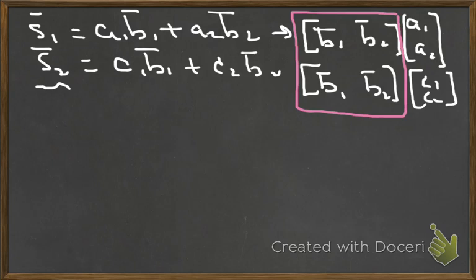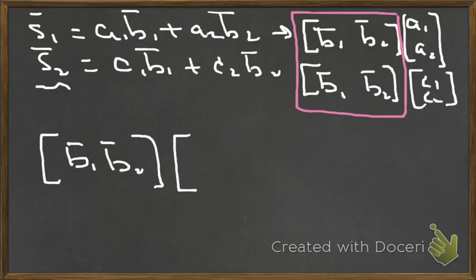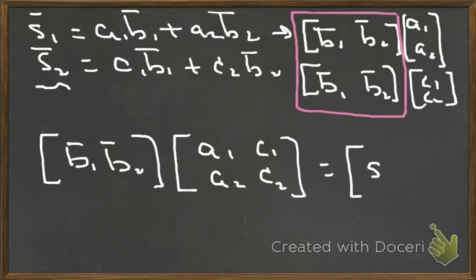So from our theory from our chapter 2, when we learned about vector equations, we know that this is the same thing as considering the matrix B1, B2 times the unknown matrix that has in it A1, A2, and C1, C2, and that would have to be equal to a matrix of unknowns that has as its columns S1 and S2.